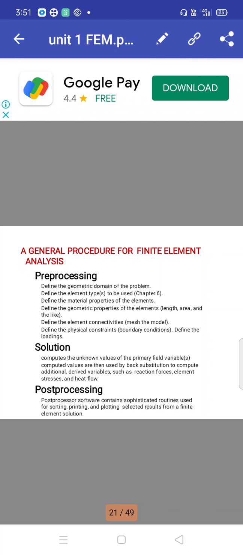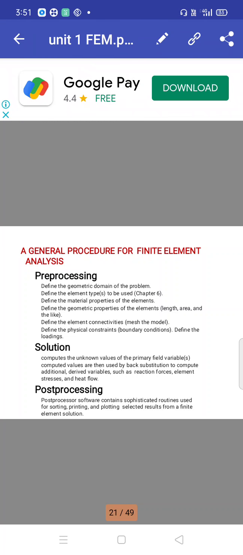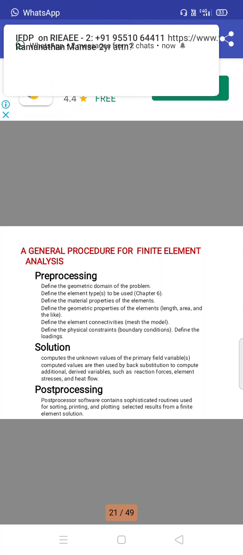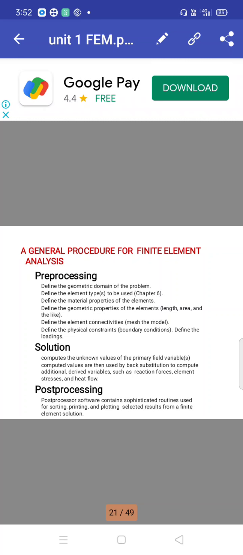Then a general procedure for finite element analysis. First is pre-processing. Define the geometry domain of the problem. Define the element types to be used. Define the material properties of the elements. Define the geometric properties of the elements, length, area and the like.